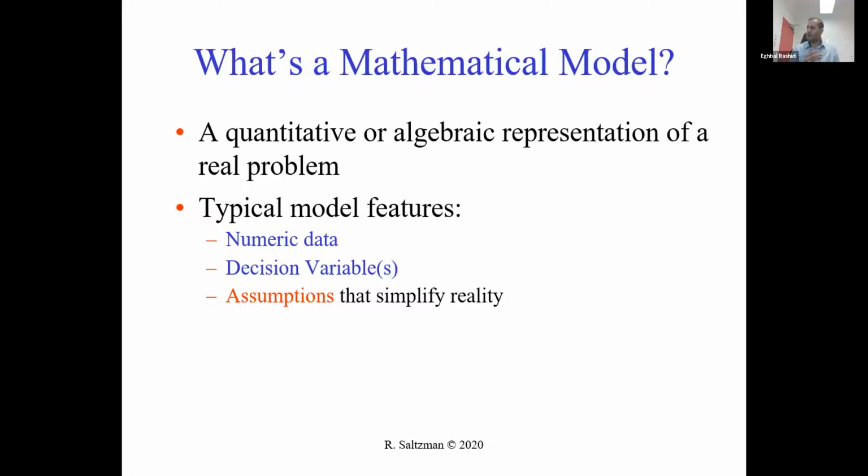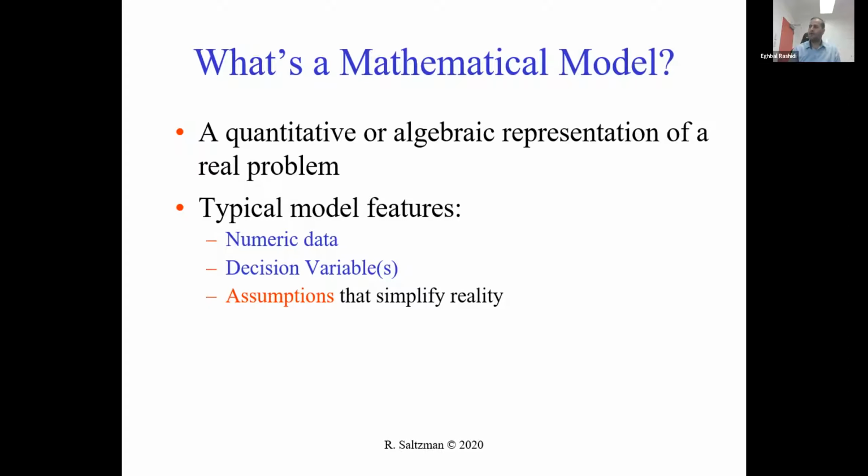And there are assumptions made in every mathematical model, because we can't really have the real problem formulated into a bunch of symbols and numbers, right? So we have to make simplifying assumptions to make the problem easier to model.